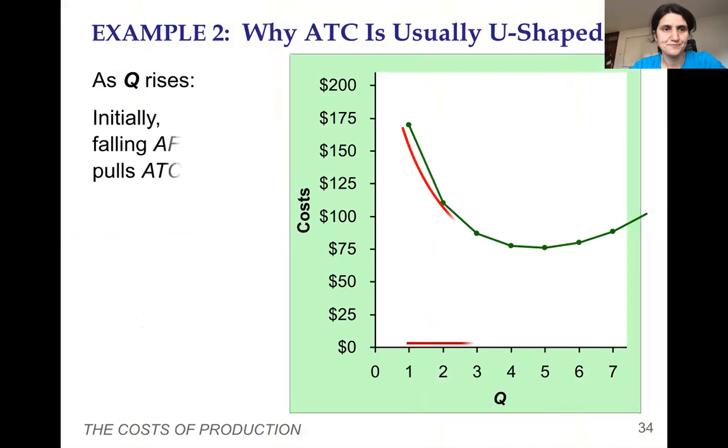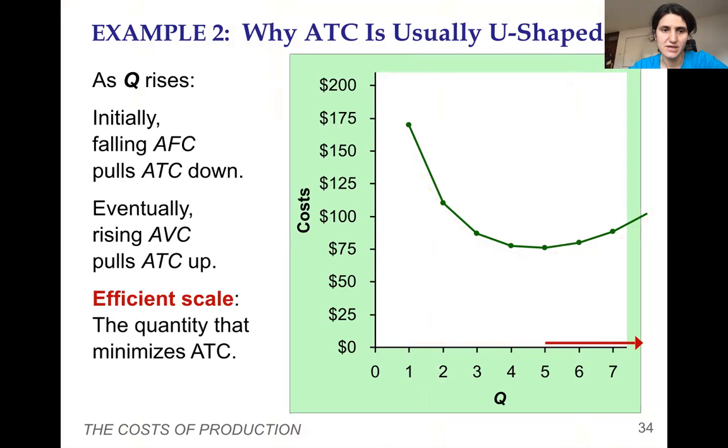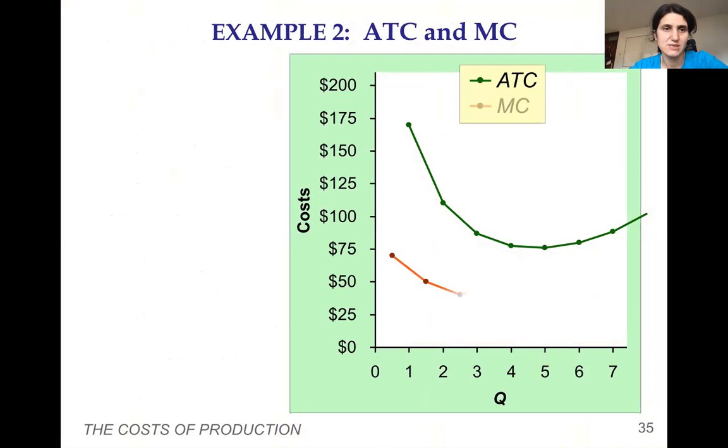And then why is ATC usually U-shaped? As Q rises, initially average fixed cost pulls ATC down, but eventually rising AVC pulls ATC up. The quantity that minimizes ATC is called the efficient scale, the minimum efficient scale.